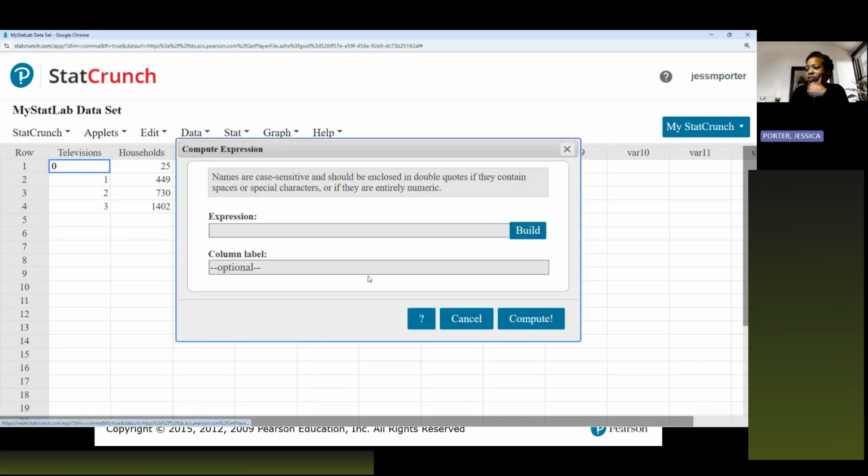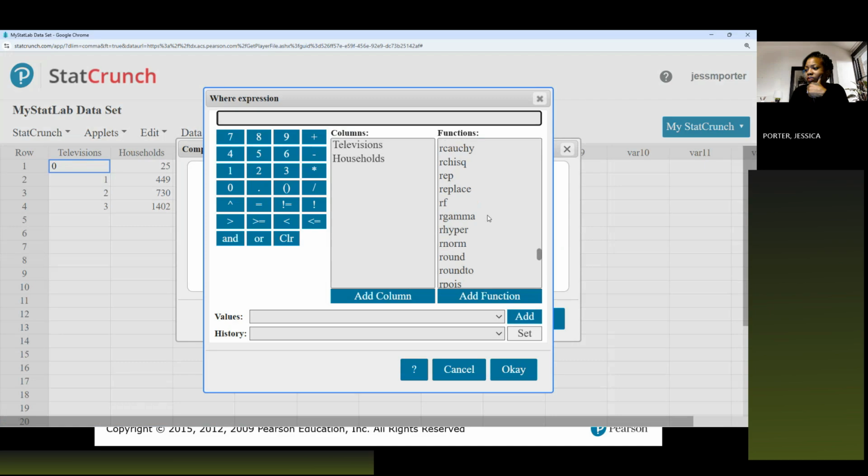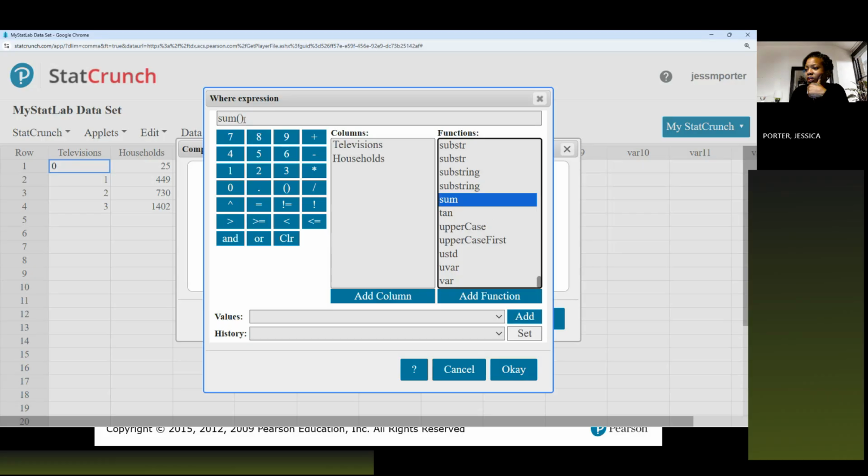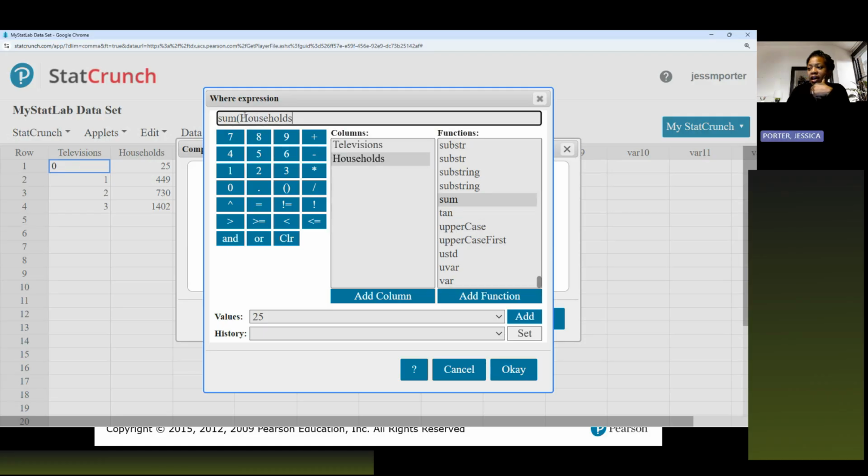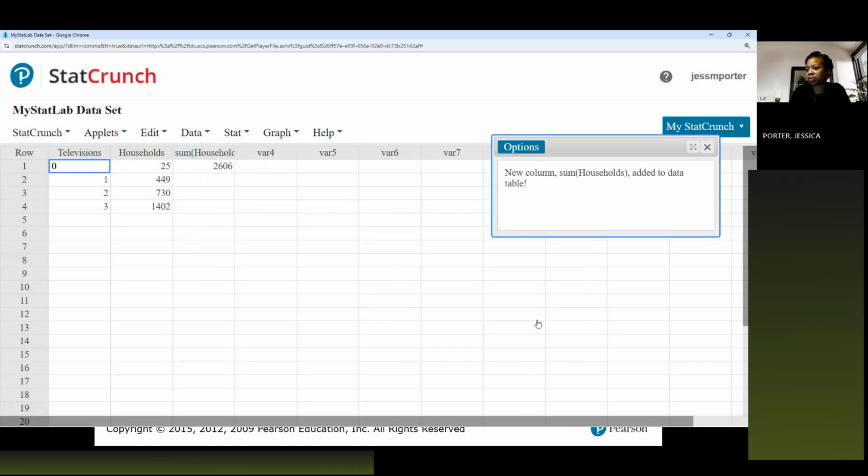Data, compute, build, sum of households. I keep landing outside of the parentheses when I want to be on the inside. Compute. So then it gives me this 2606, and that is the total of these households.